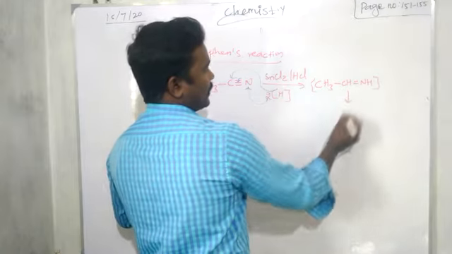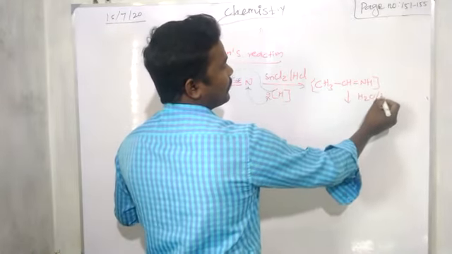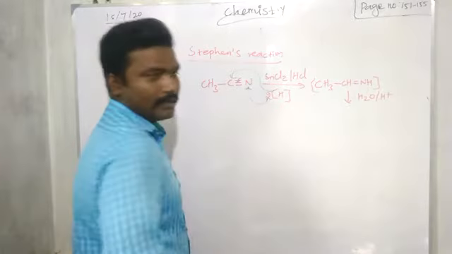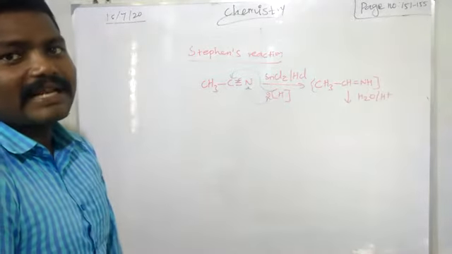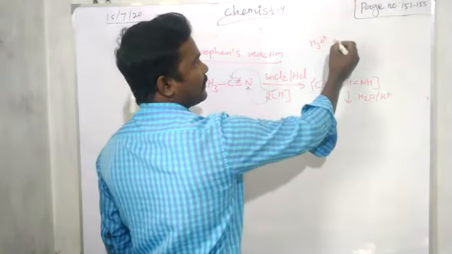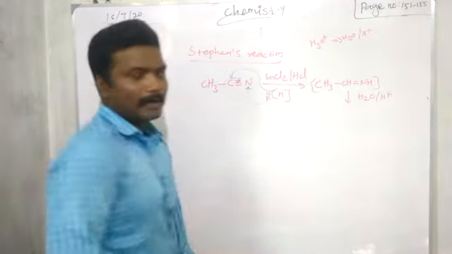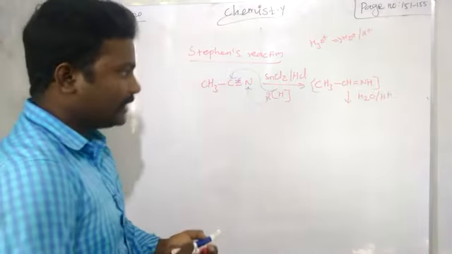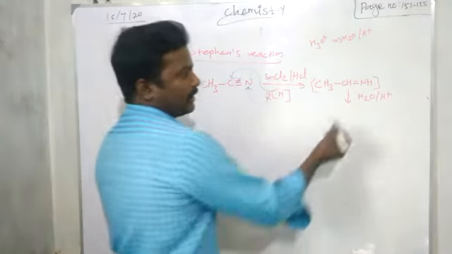Imine product. Further, reaction with hydrolysis, that is water with acid. H plus means acid. In your book, that is given as H3O plus, nothing but H2O with H plus. Now what will happen? Very simple. In water we have hydrogen and oxygen.